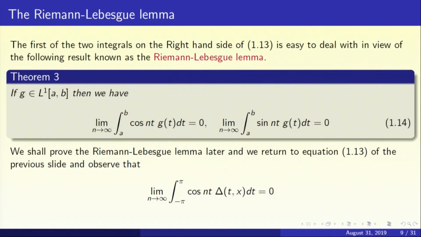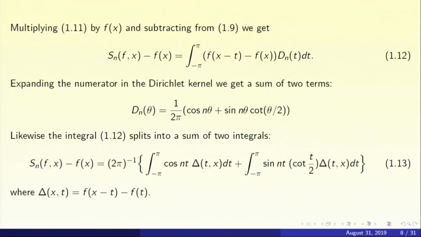The function f is continuous. Therefore the Riemann-Lebesgue lemma applies, and the integral of cosine nt times delta_t(x) goes to 0. So the second piece in equation 1.13 is what we should now focus on.